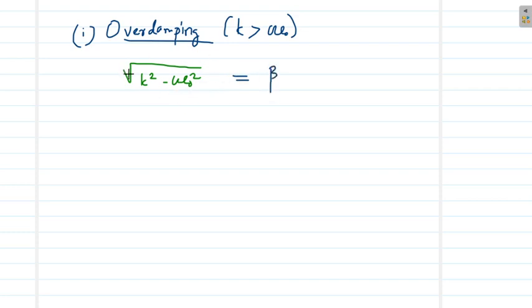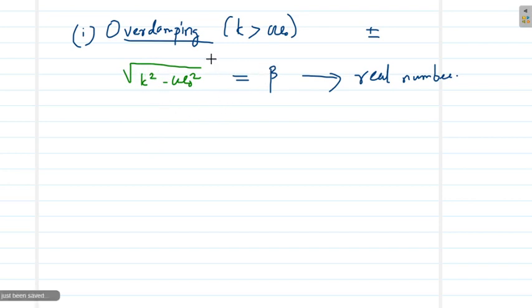This can be either positive or negative, in fact, because taking the square root will yield both positive and negative terms. So this will simply be a real number. There are two solutions corresponding to the square root. One is positive and the other one is negative.